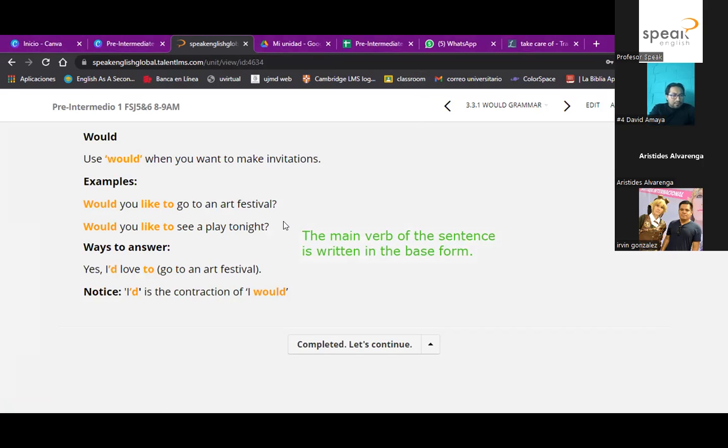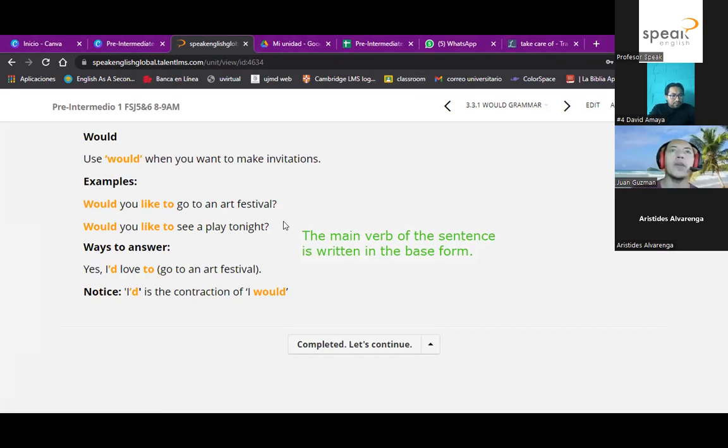Well, in my case, I need to do some exercises from Unit 3.2. Okay, got it. All right, let's not do it because some will be able to do it and some others won't. Let's see the other topic, okay?